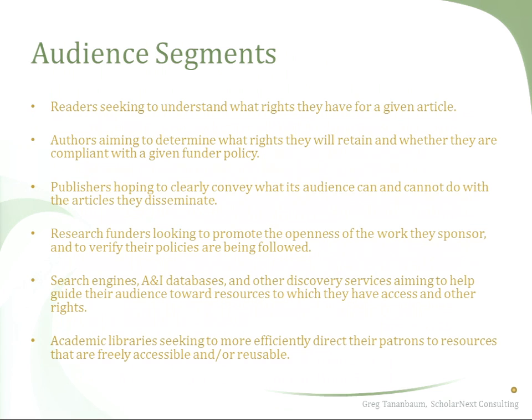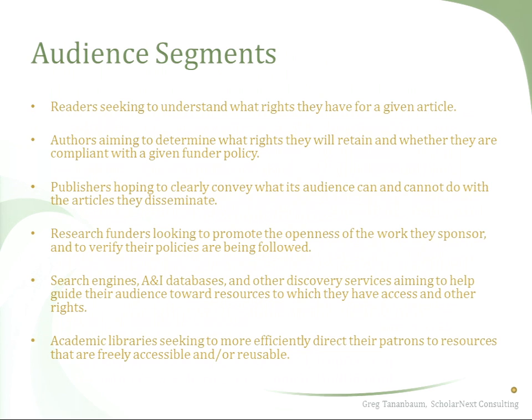Third parties, search engines, A&I databases, knowledge bases, and other discovery services are hoping to guide audiences towards resources that the audience can actually use. So if there is an article within a constellation of subscription-based content, and a single article is freely available after an embargo or because the author went through the hybrid model, the engines would like to be able to convey that information so the user knows they have the ability to go and read it.